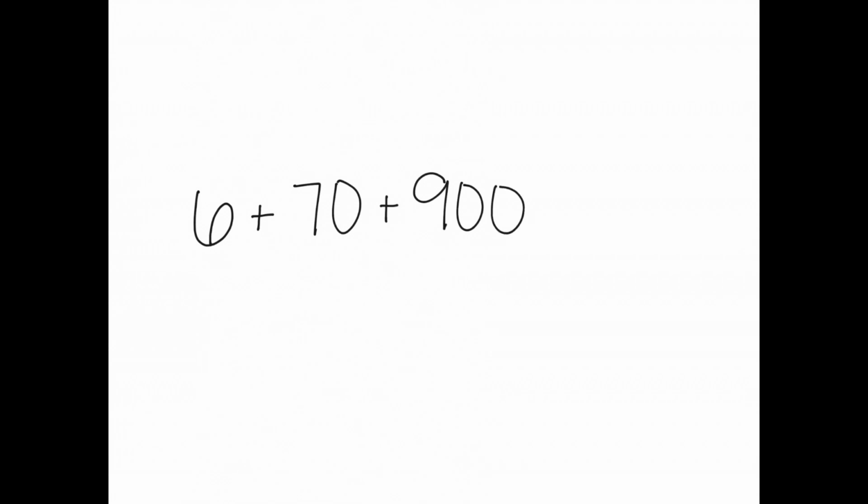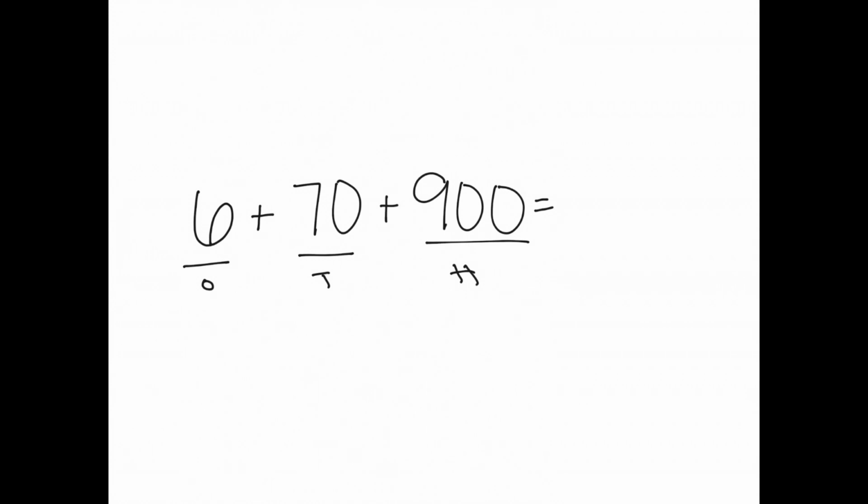Now what happens if we see a problem like this? Right now I have 6 plus 70 plus 900. Now, I need to make sure that I pay attention to the order of these numbers. I'm starting with the ones. Then I see the tens next, and then finally I see the hundreds.